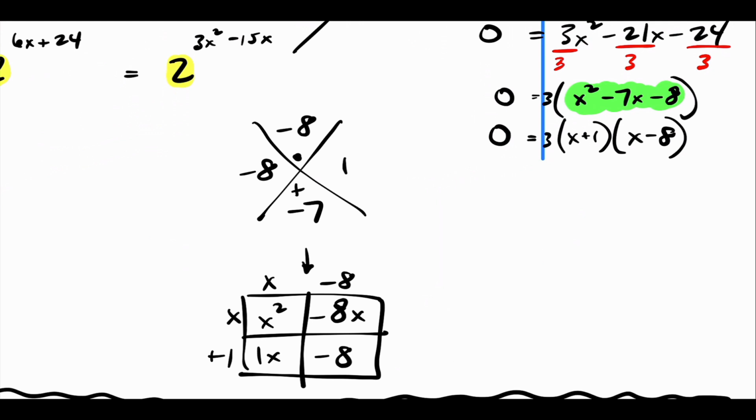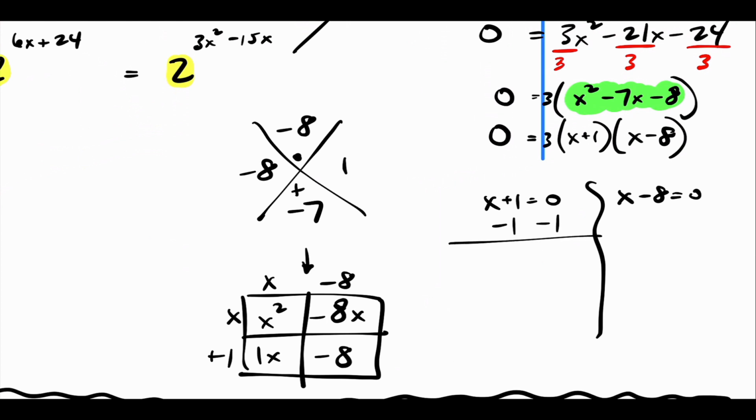Set everything in parentheses equal to 0. You don't have to set x or 3 equal to 0 because they're not the same. 3 and 0 are not the same. Subtract 1 from both sides. You get negative 1 as an answer.